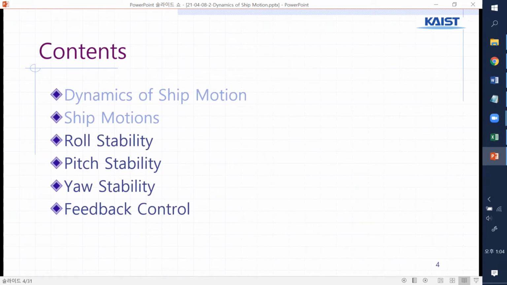And the previous part was covered by Ki-Han Kim last time. So I will cover the later part, second part of roll, pitch, and yaw. There are three motions, angular motions, and feedback control to reduce side effects of the motions.